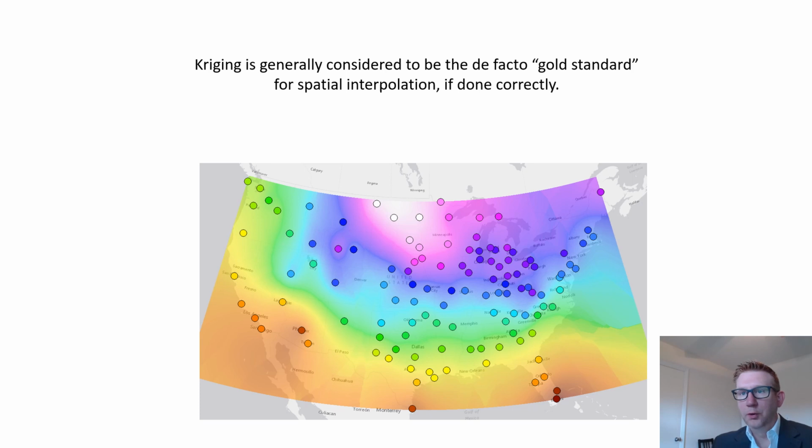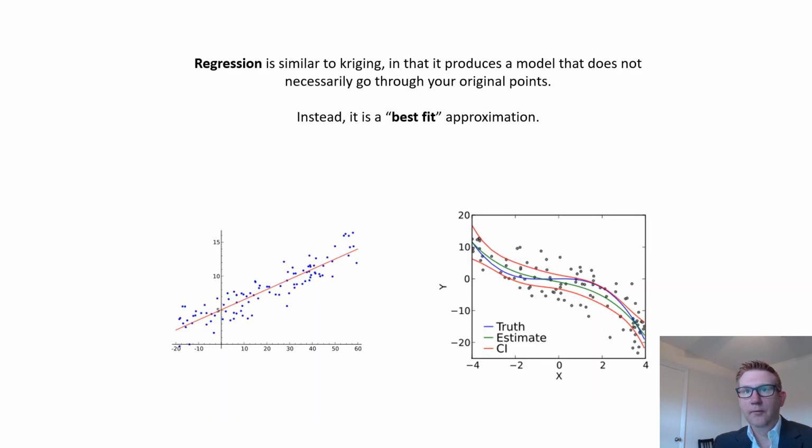We'll look at some of the newer tools in ArcGIS Pro in the notebooks that make this a little bit easier to do for non-spatial statistics specialists. But if you've got relatively few observations, then Kriging is a really good first stop. I would probably recommend this and Natural Neighbor as the two most applicable spatial interpolators.